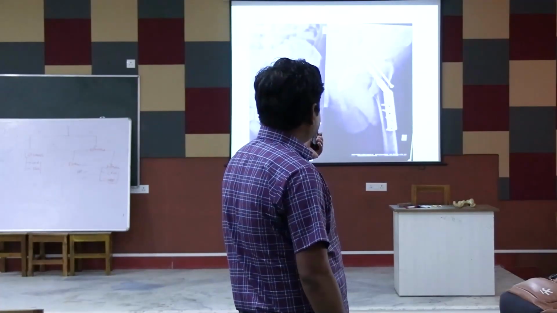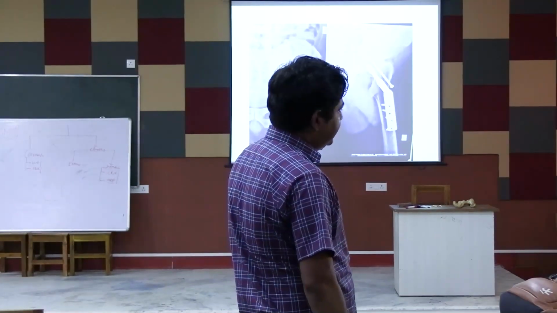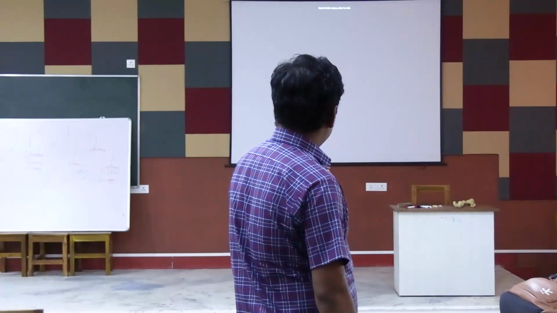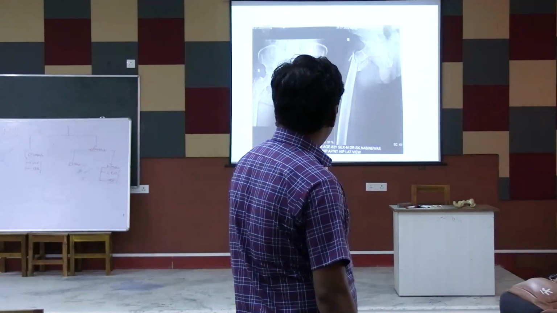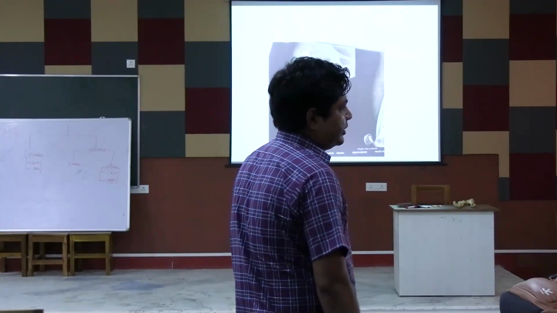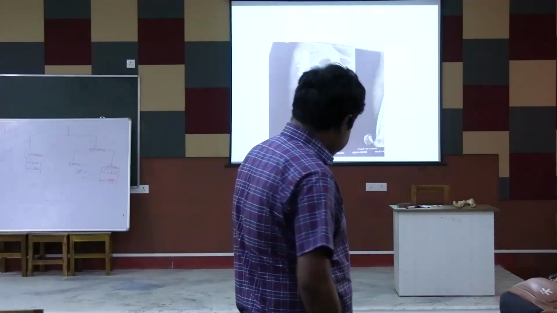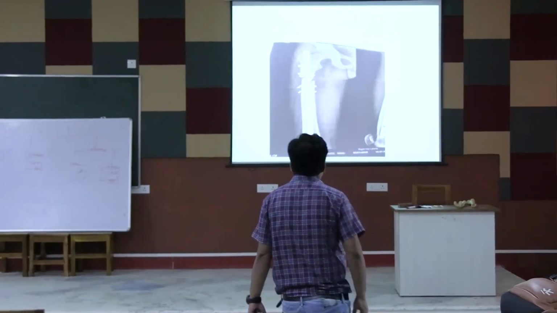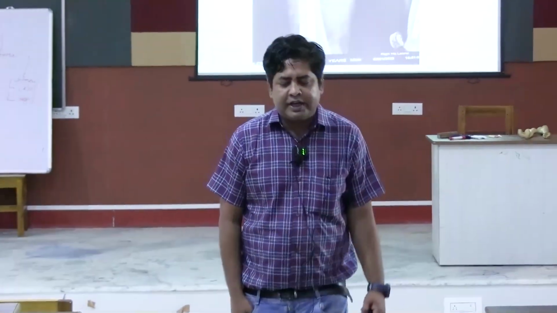This is called open reduction internal fixation. That may be, this is closed reduction internal fixation. So any kind of fractures is treated operatively in two ways, either ORIF or CRIF.